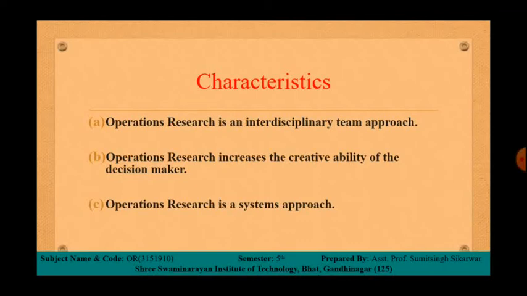When dealing with operation research problems, one has to consider the entire system and the characteristics of the subsystems, the interrelationship between the subsystems, and then analyze the problem, search for a suitable model, and get the solution for the problem. Hence, we can say that operations research is a systems approach.